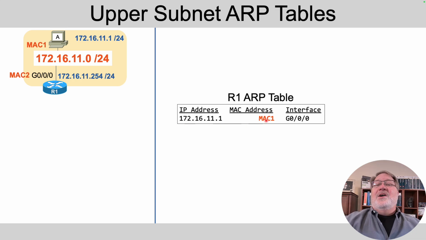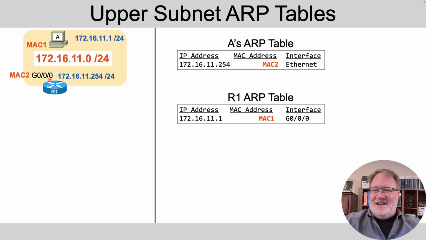All right. But R1's ARP table will also have a field for the interface, so it can keep track of out which interface it would use. What interface did it use to learn that MAC address? Then up at host A, its ARP table is going to list the router's IP address that ends in 11.254.